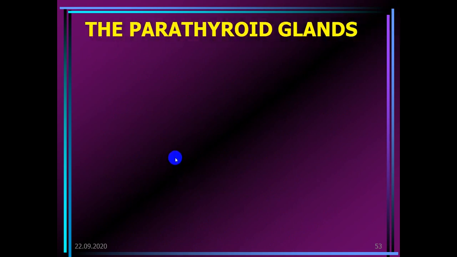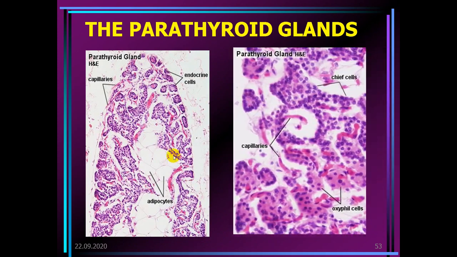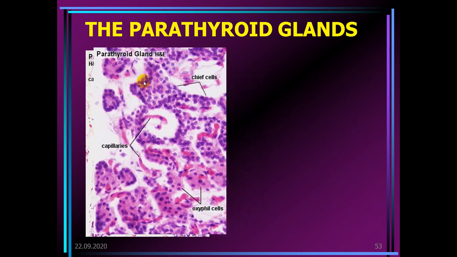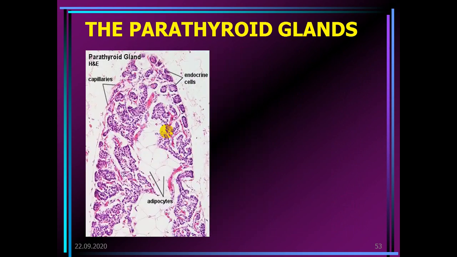This hormone is antagonistic to calcitonin of the thyroid gland, and this hormone increases the concentration of calcium ions in the bloodstream.